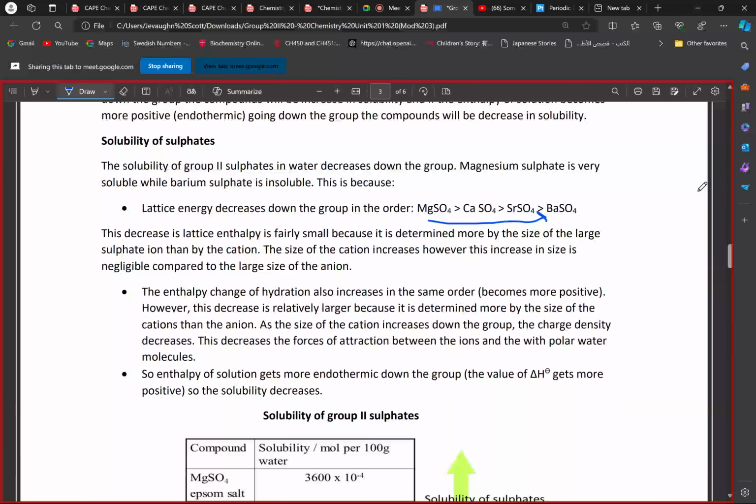So if the lattice energy is larger than the enthalpy of hydration of the substance, what we're going to have is the substance being less soluble. That is because, what is lattice energy? Can somebody define that?